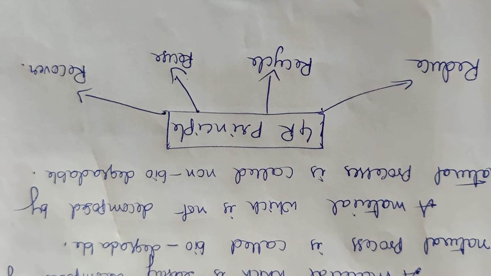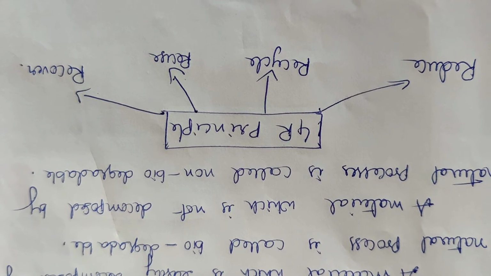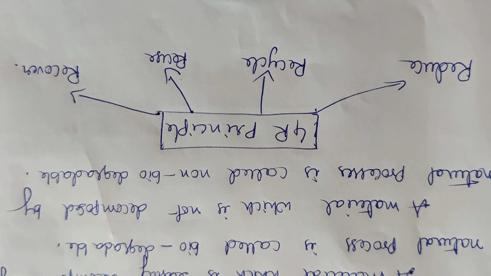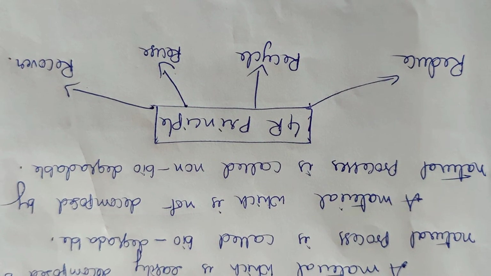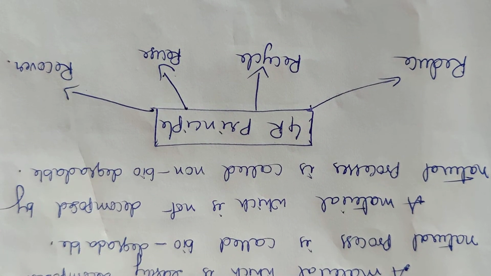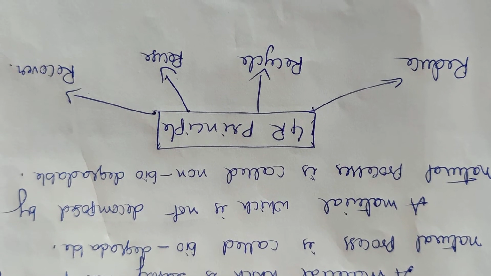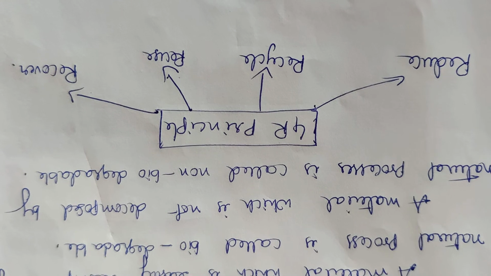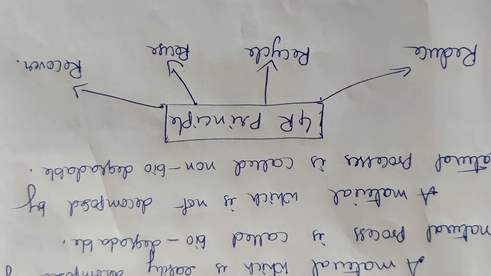Reduce, recycle, reuse, and recover. First, you have to avoid the usage of plastic. Generally, for use-and-throw purposes, we use plastic. At any function, we use plastic items, plates, glasses and all. So we should avoid that use-and-throw process.